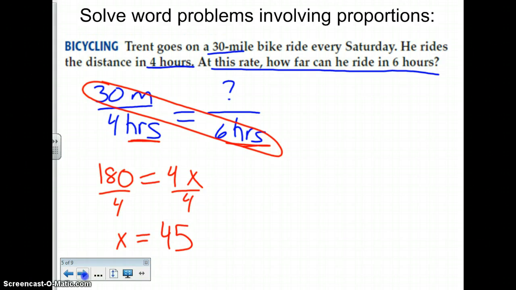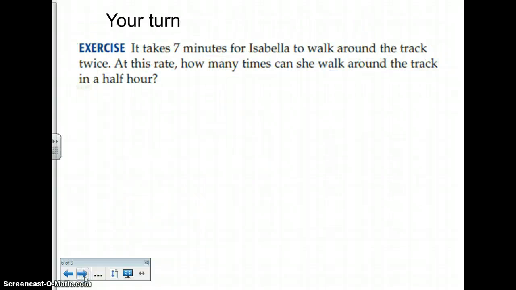So how far could he ride in 6 hours? Another way some people may tackle this is how far can he ride in 1 hour, and we divide by 4 and go 30 divided by 4. So again, a couple different ways to tackle this.